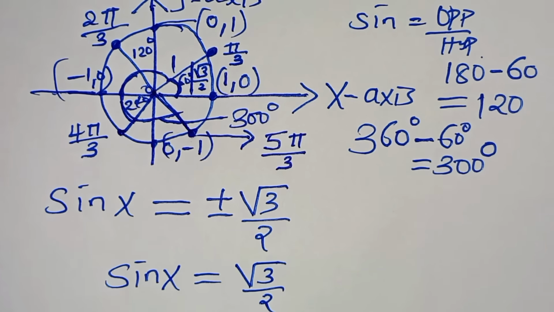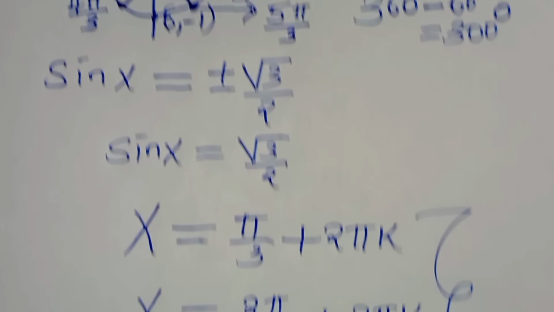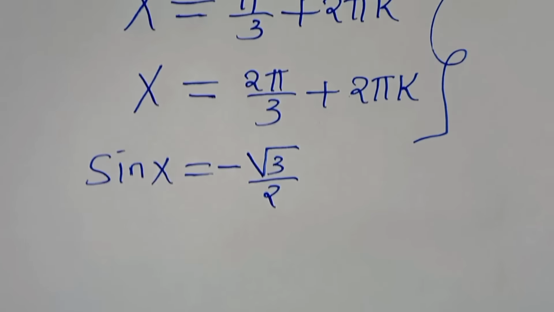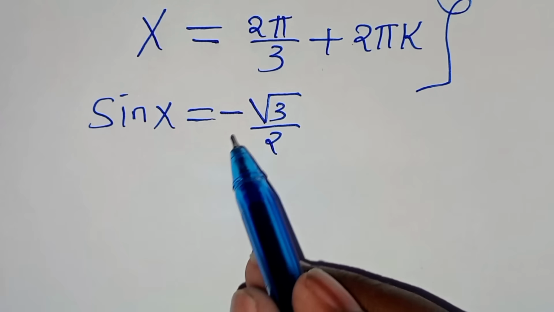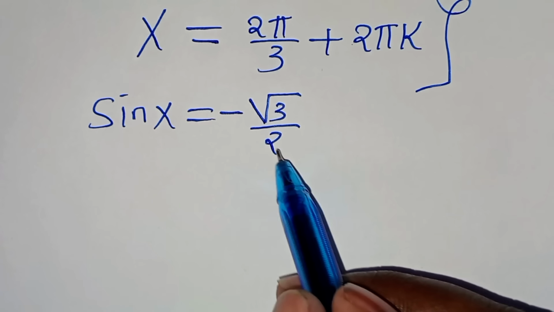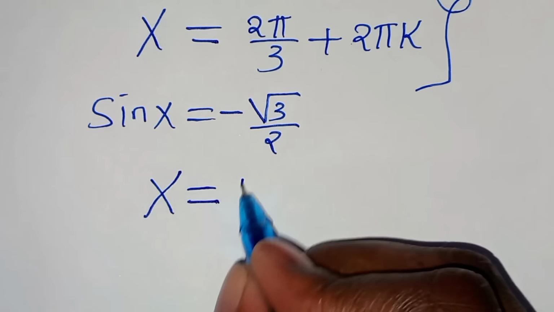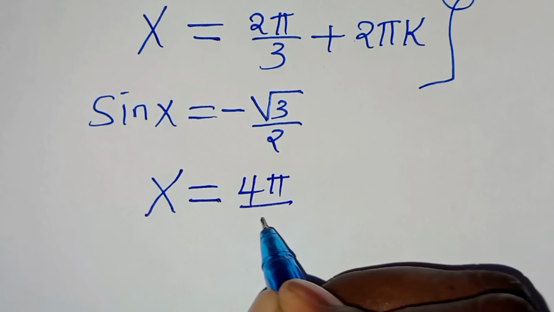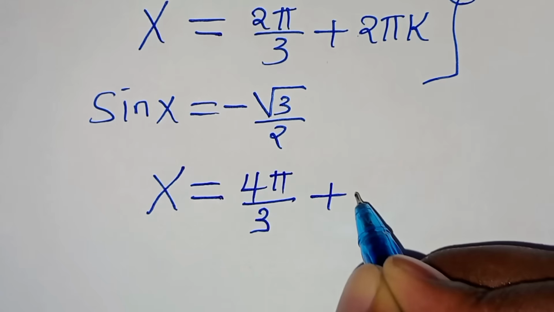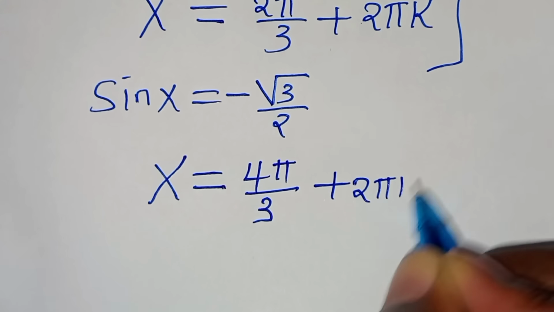5 pi over 3. So this is to mean the values of x for minus square root of 3 over 2. We have x is equal to 4 pi over 3 plus 2 pi k.